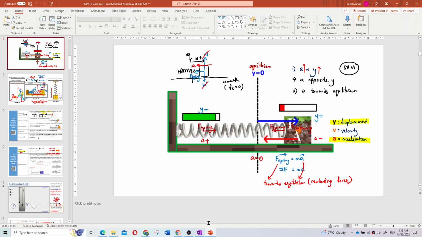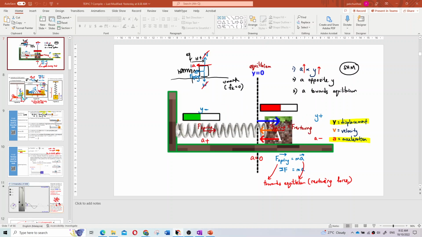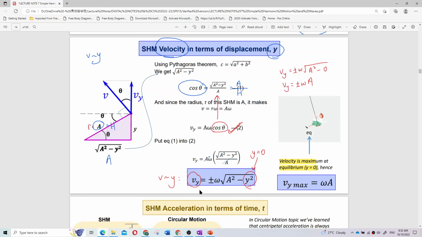And do you know why here there is a positive and negative sign? This positive and negative means direction, to the left or to the right.